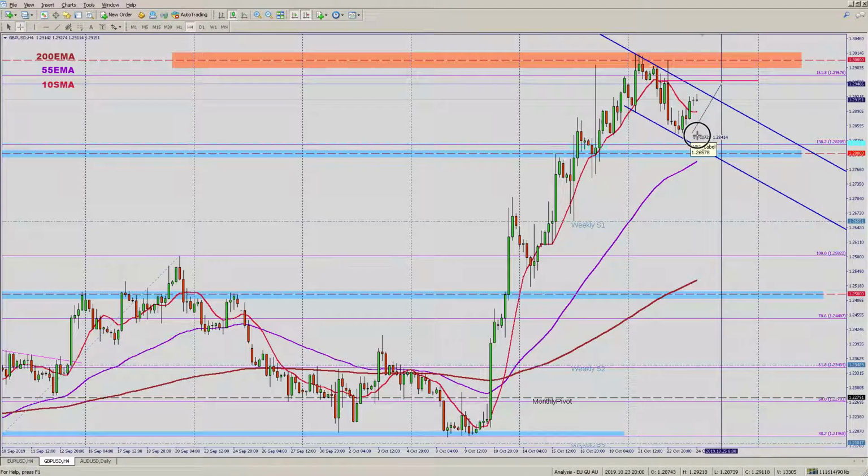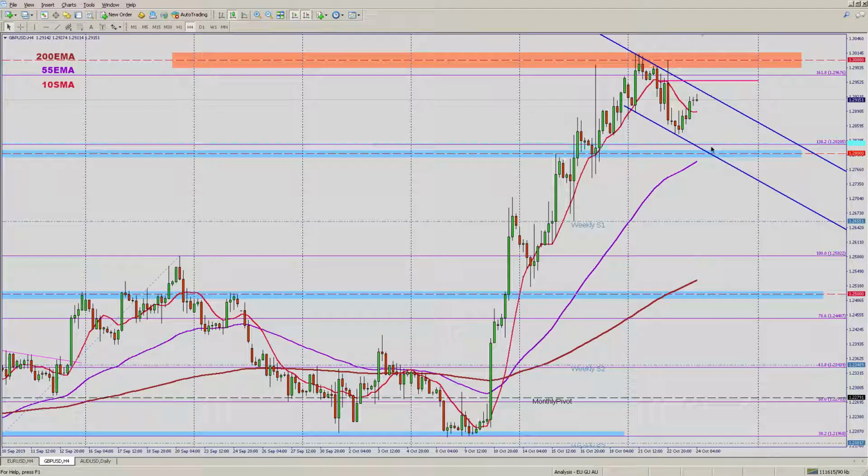It's still about 100 pips, and we'll see whether it's going to be rejected at this area between this previous spike highs and the upper channel trend line.